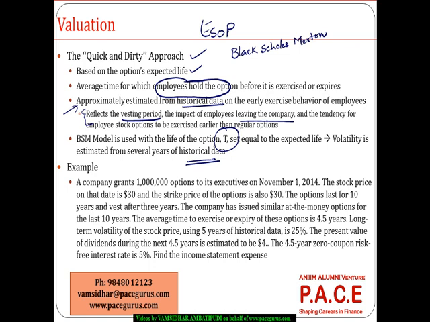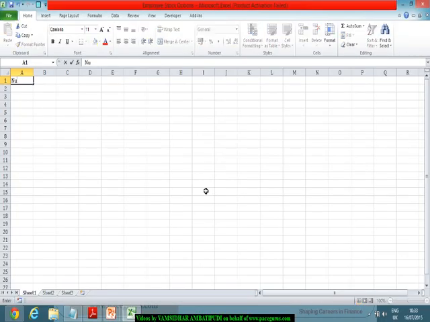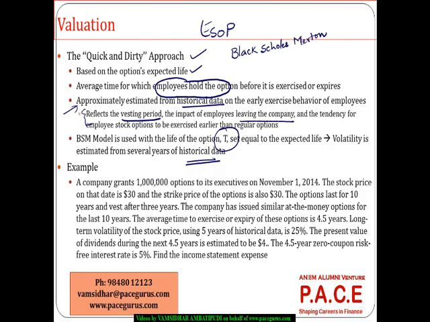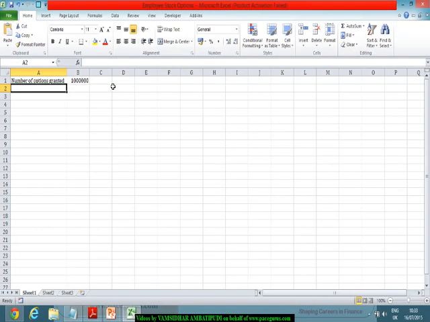Probably we'll take one numerical which can help us understand this entire flow quite comfortably. Let's look at this. A company grants 1 million options to its employees. Number of options granted: 1 million options are granted to employees on 1st November 2014.